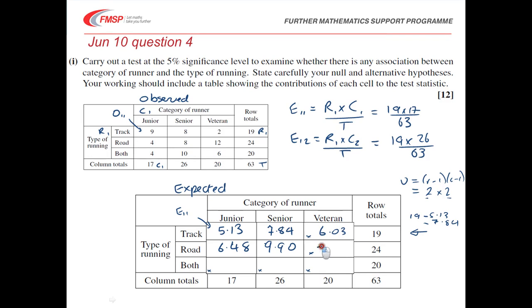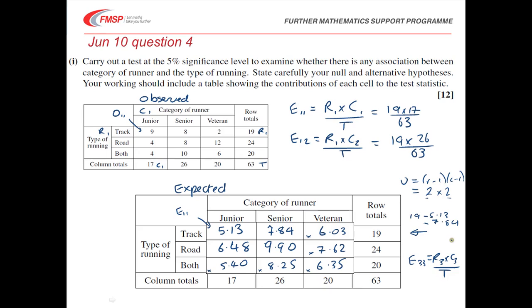Okay, 7.62, 5.40, 8.25, and then as a check mechanism you can work this one out as 6.35, but you can also check by working out E33 using the formula, row 3 times column 3 over grand total. If they agree, you know that this table is correct.